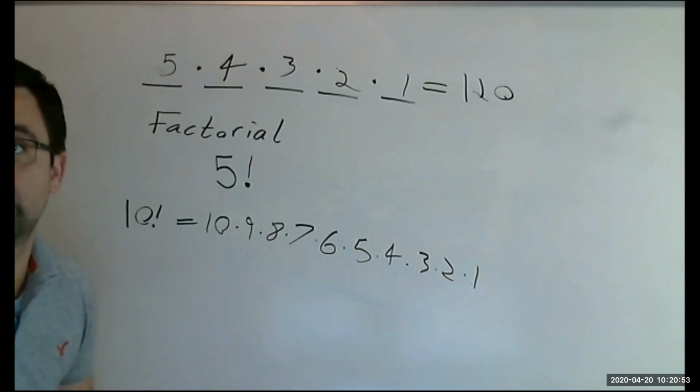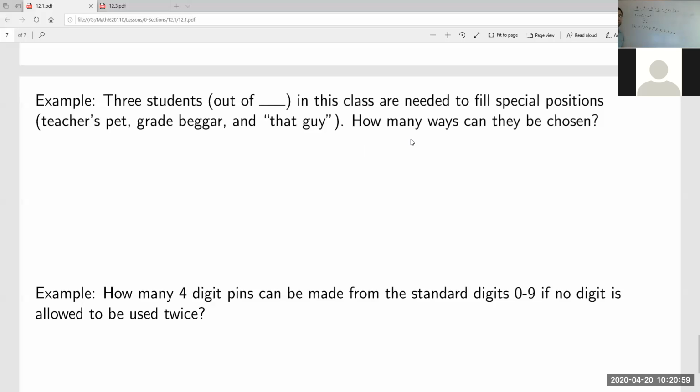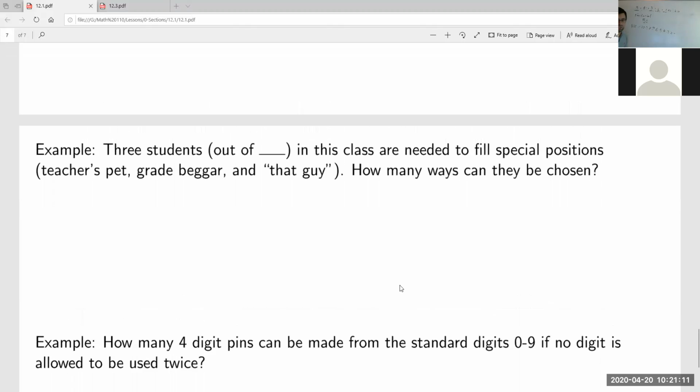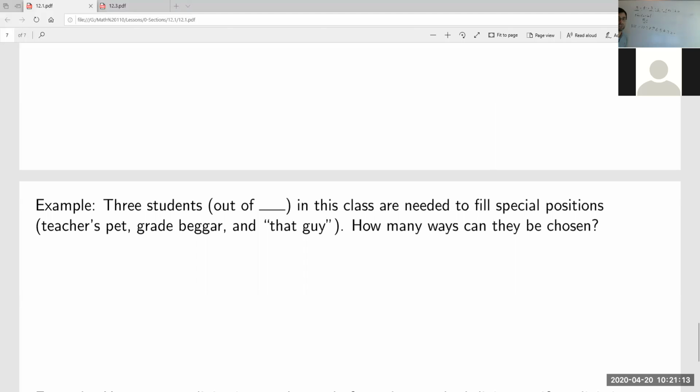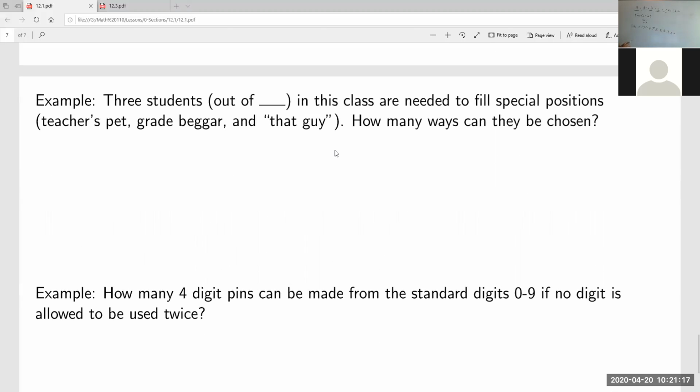Just for some examples, let's say 3 students out of 10 in this class are needed to fill special positions.